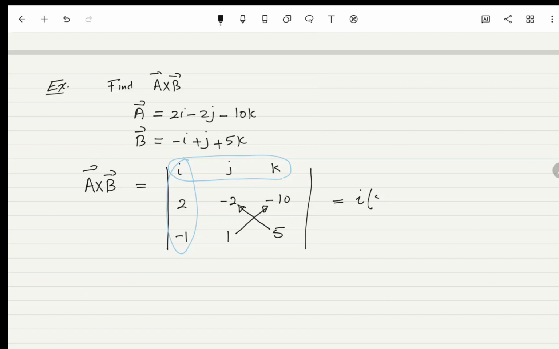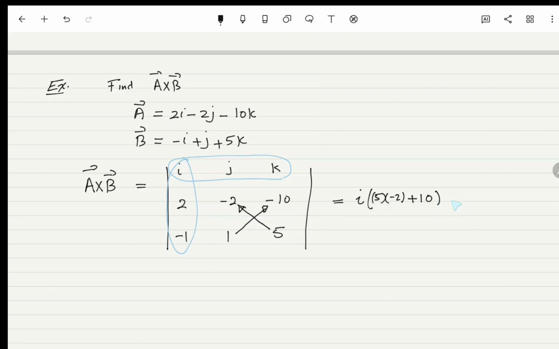So it's 5 times minus 2, minus minus 1 times minus 10, which is minus 10, minus minus, it's plus 10.